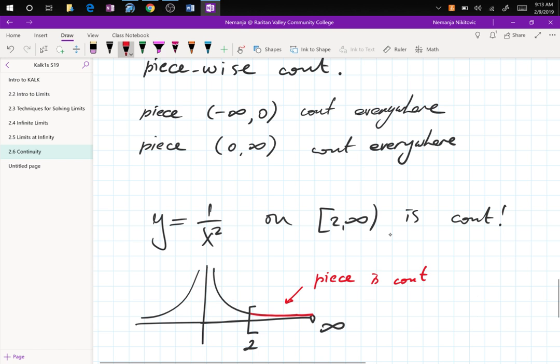So we define continuity at the point. We say that if the function is continuous at every point, it's globally continuous. Then we have those theorems which say the polynomials and all the other ones on the list are continuous. If we combine them, they're still continuous. And then at the end, you have piecewise continuity, meaning that if the function is globally discontinuous, you can find smaller parts of the domain where the function is continuous, and maybe that's all you need to consider.